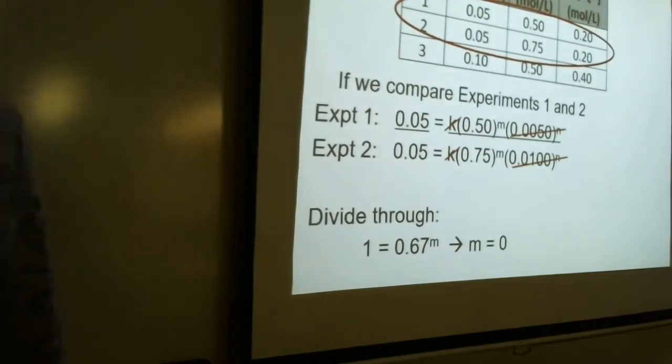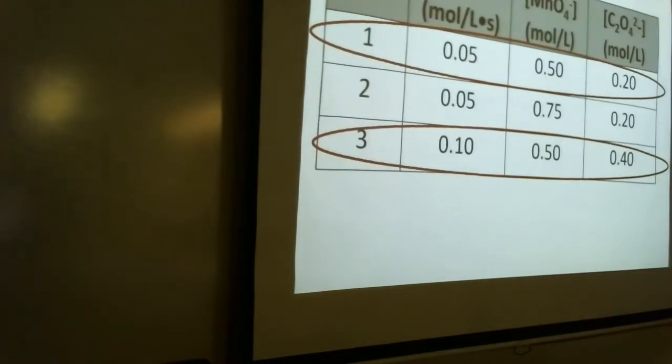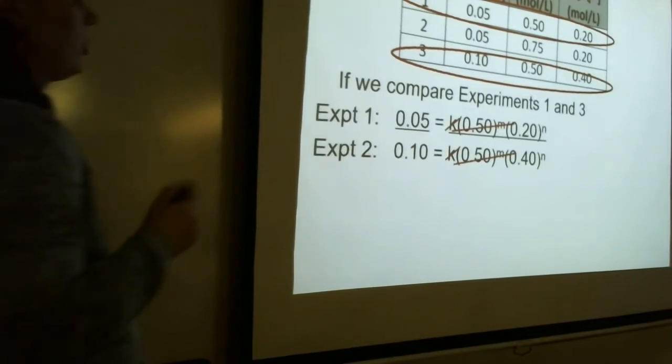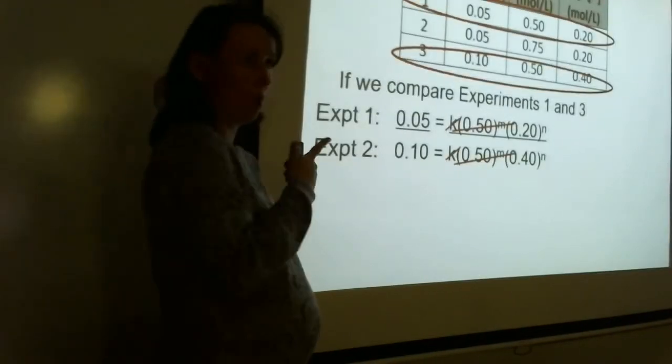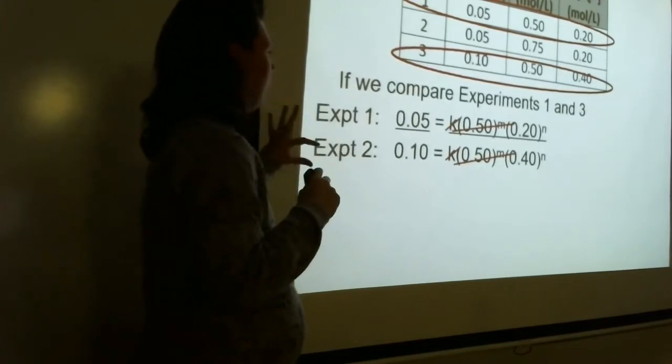So now we're going to solve for N. So we're changing oxalate. We're leaving permanganate alone. So I picked trials 1 and 3, right, because we want this one to go away and this one to change. And so you could have done 1 over 2 or 2 over 1, right? If you're looking ahead and you'd rather have a large number, then set it up one way.